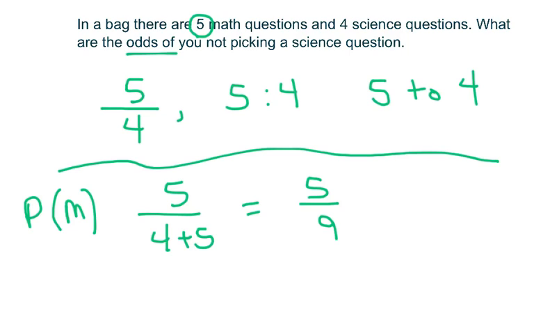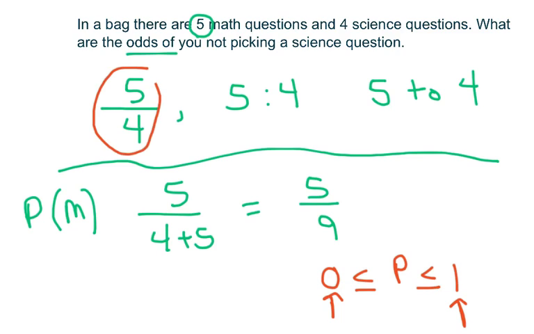And we didn't talk about this, but probability has to be in between 0 and 1. 0 means 0 probability, 1 means 100%, and anything else goes in between. In this case, the odds, 5 to 4, is bigger than 1. And that's another key.